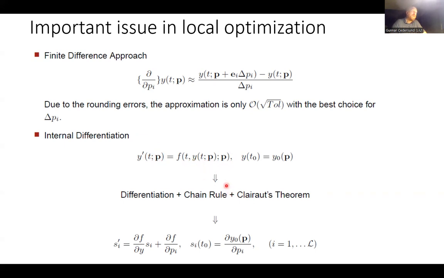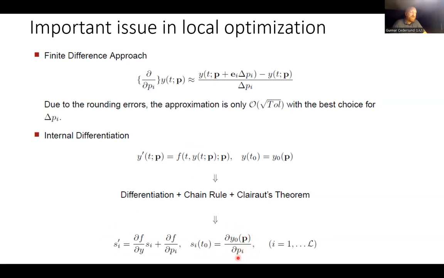And then by just using the chain rule, we will differentiate with respect to the parameters, and we will get these equations here. So here we have new states. So we have this S, which is a new state, and you see that the S is simply the derivative of y with respect to b.